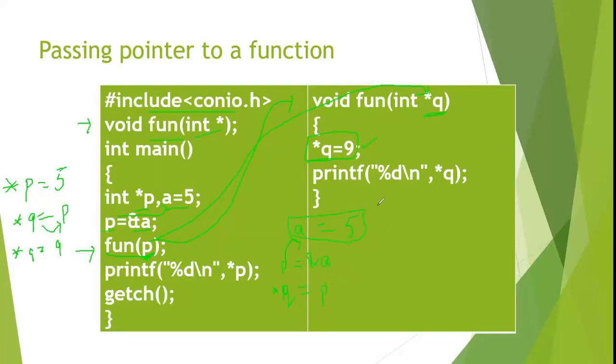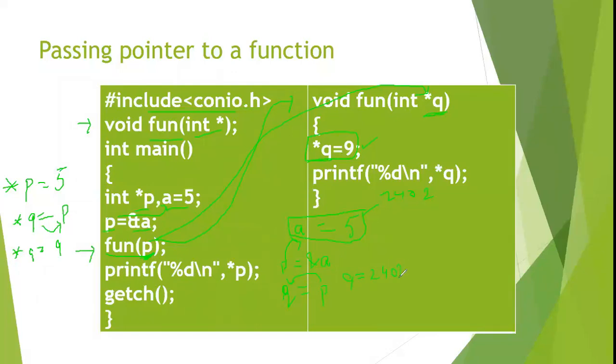So what is the address of a? Let's suppose it is 2402. So p is assigned to q, and q has value 2402.